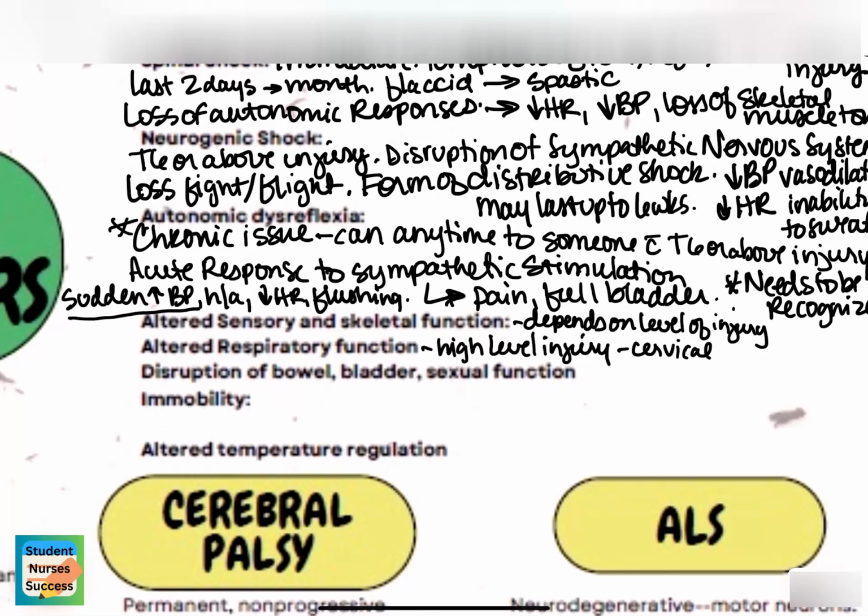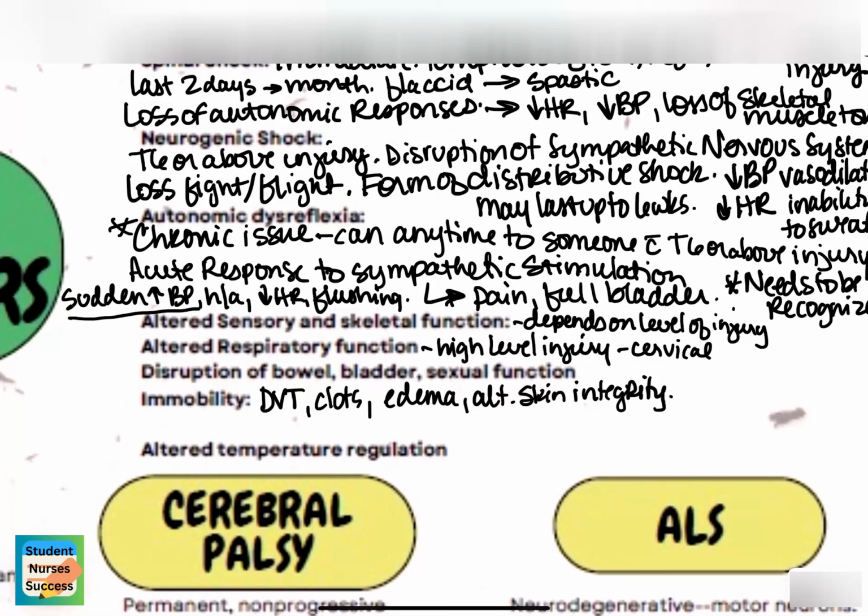There's immobility, and issues of immobility can lead to the development of deep vein thrombosis or clots, edema in the lower extremities, and altered skin integrity, maybe the development of decubitus ulcers.